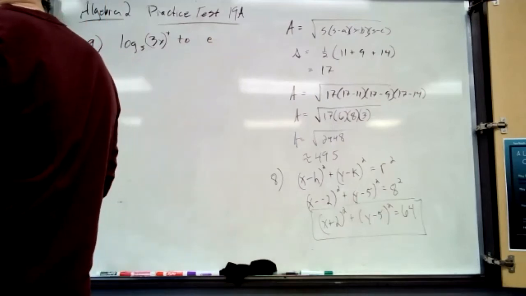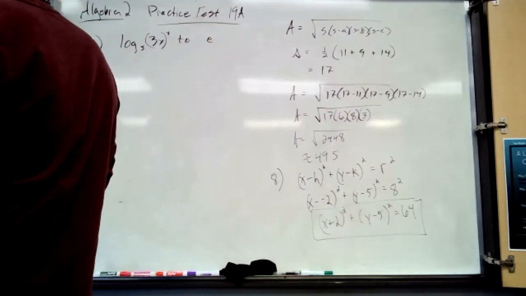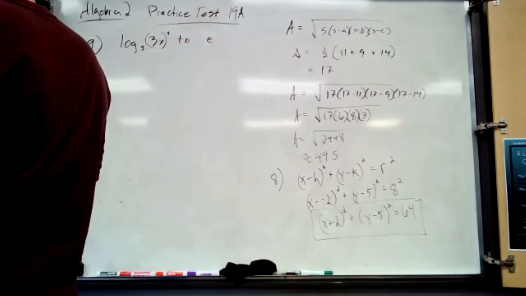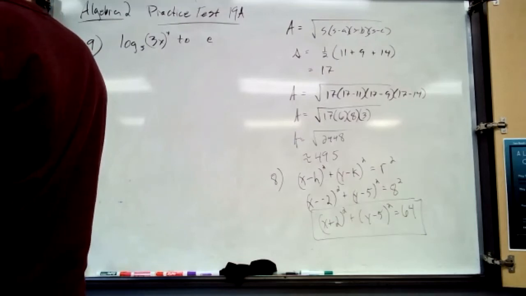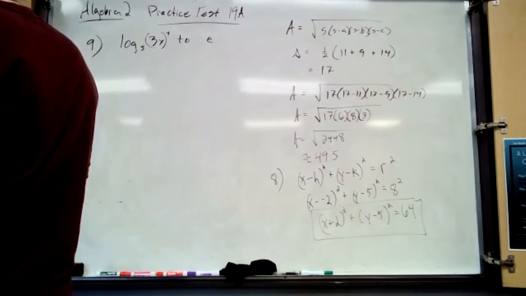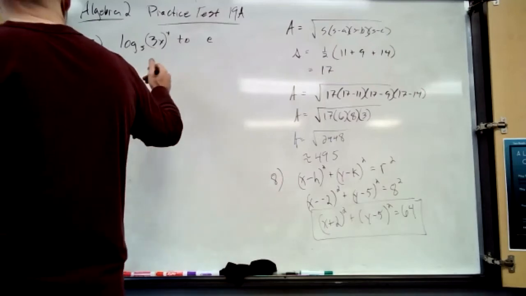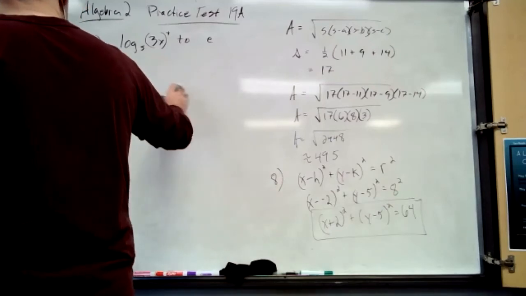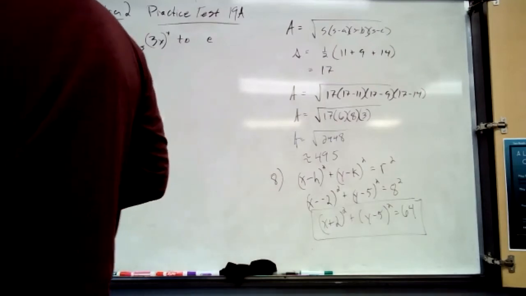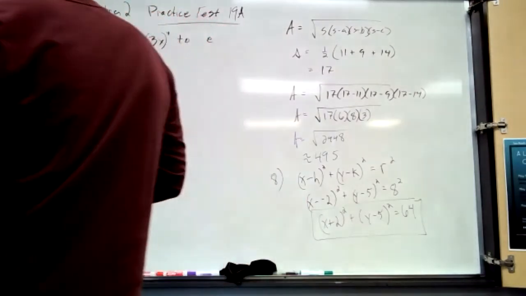Okay, so we're going to use the change of base formula, which is, oh, they don't give it to you. Look at that. Okay, so let's do that. If we're changing to log base e, which they don't do that. Why don't they do that?